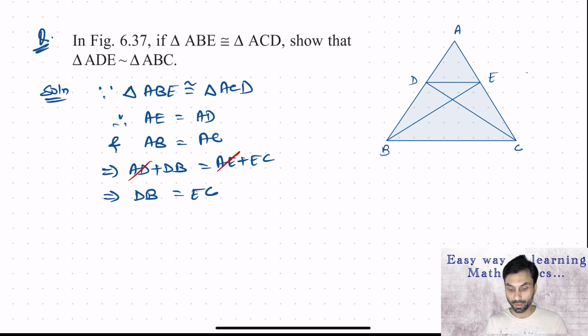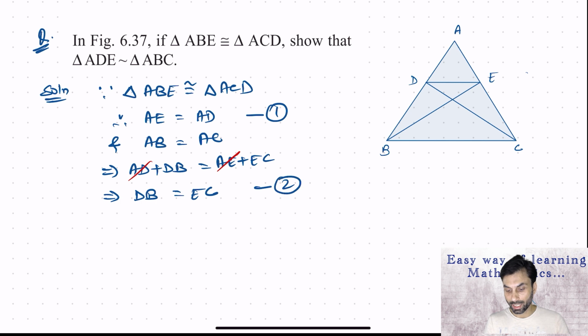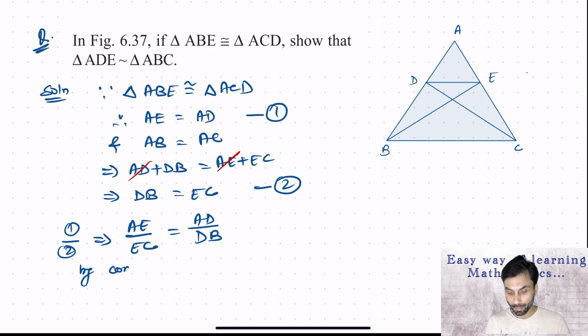Now from this, if I take these as 1 and 2, and divide 1 by 2, we get AE upon EC equals AD upon DB. And so by converse of BPT, we can say that DE is parallel to BC.